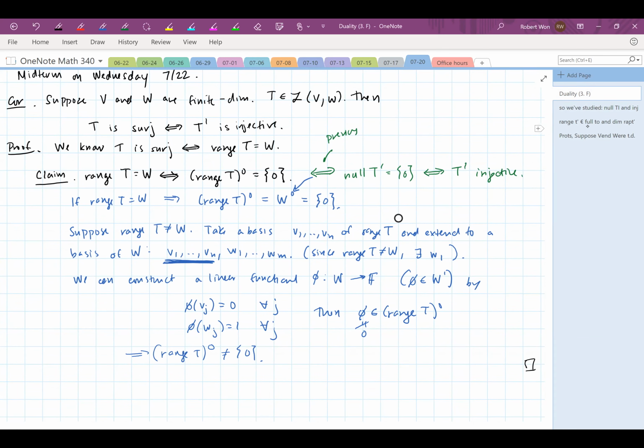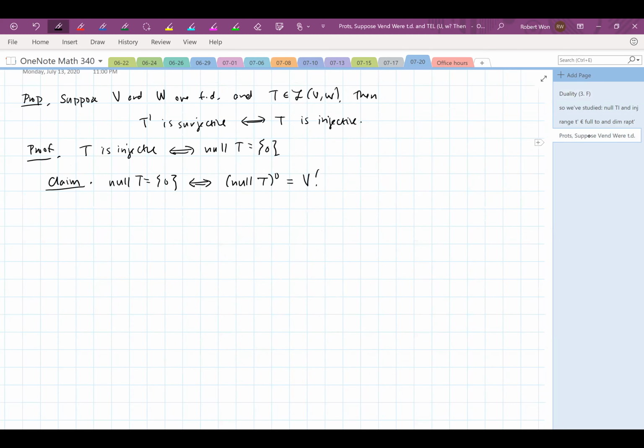And then we proved that the range being everything is equivalent to the annihilator being nothing. So this proof is like the opposite fact. And so we're using kind of the opposite proof, right? So we said that T is injective if the null space is nothing. And we're going to show that the null space is nothing if the annihilator is everything.